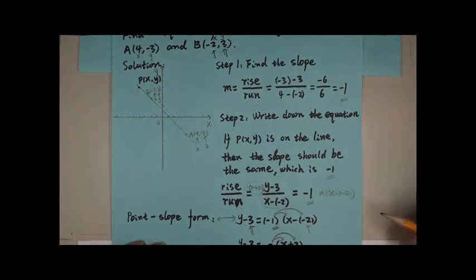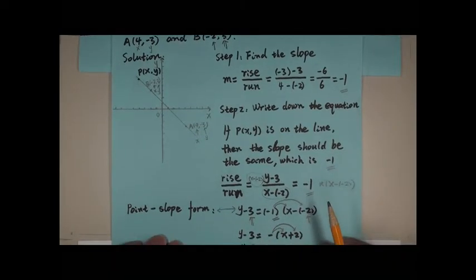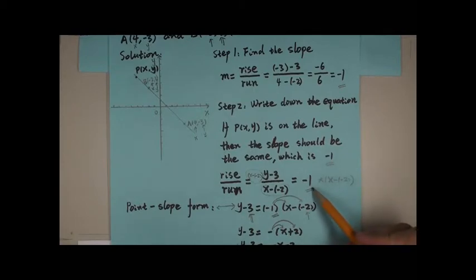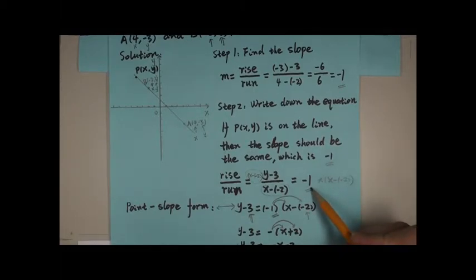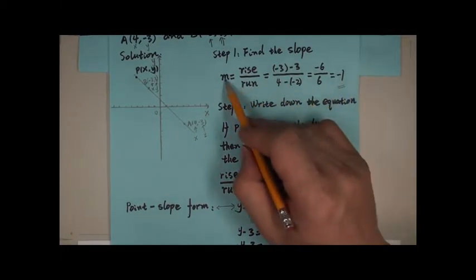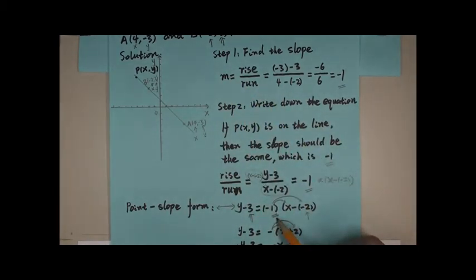Then left hand side is y minus 3 equals this negative 1 you copied. Right hand side you have x minus negative 2. The reason I'm doing so is because it's negative 1 slope, and I still keep this slope here.